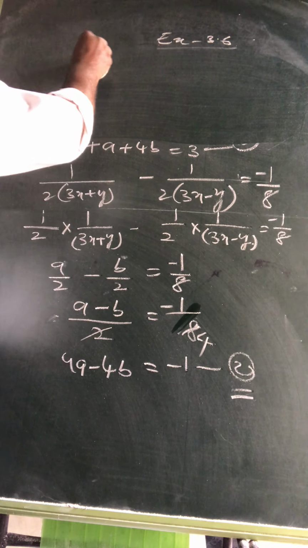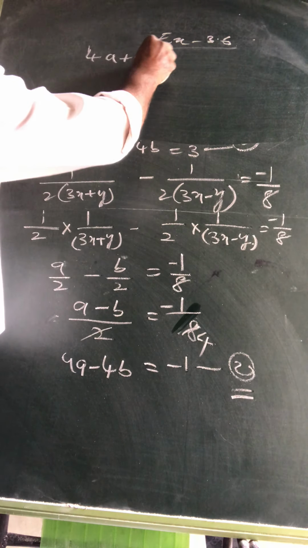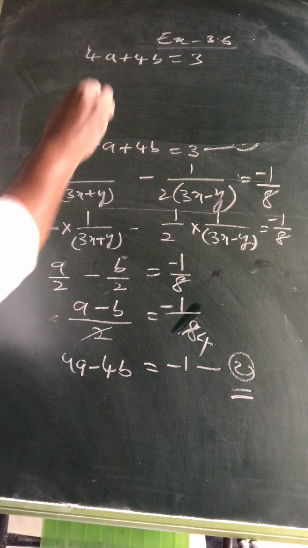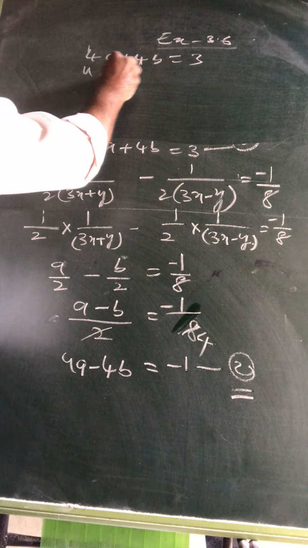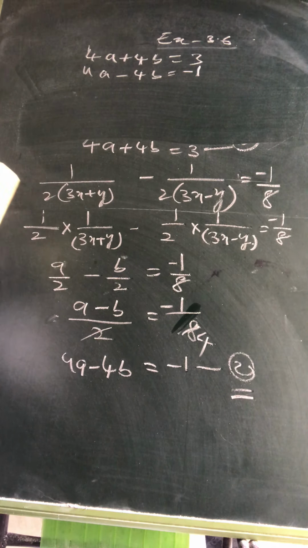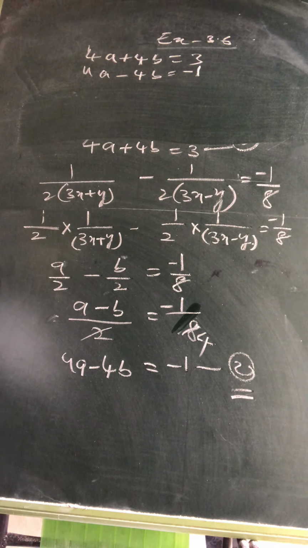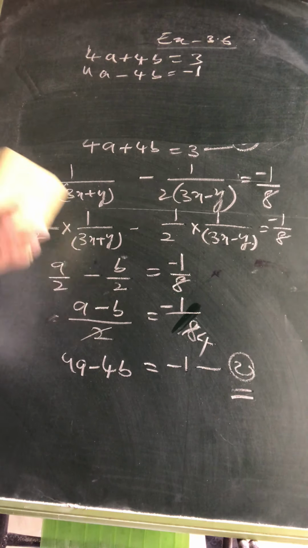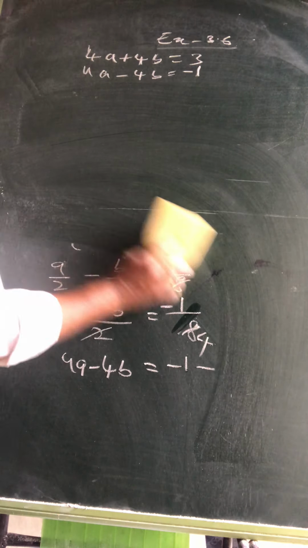4a plus 4b is equal to 3. Next, 4a minus 4b is equal to minus 1. Okay. Now, how to do this?